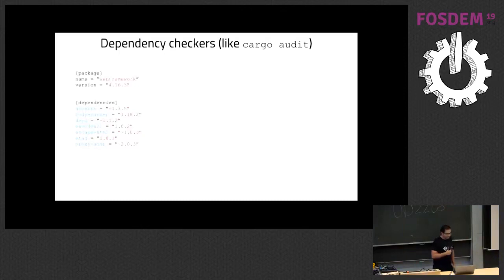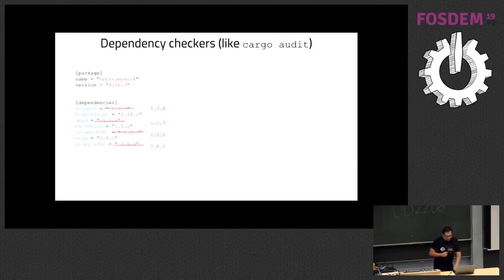Over here I have a Cargo.toml file with some dependencies specified. You can see that some of them have a version range, indicated by the tilde or caret symbol. When we want to do some type of security checking, or find out whether a dependency is vulnerable or has some license conflict, we first resolve the version.